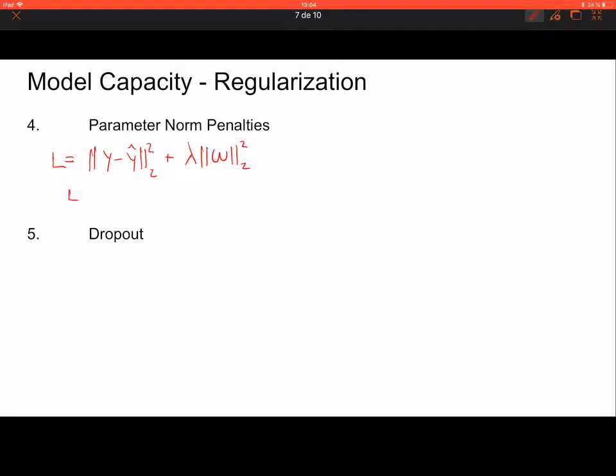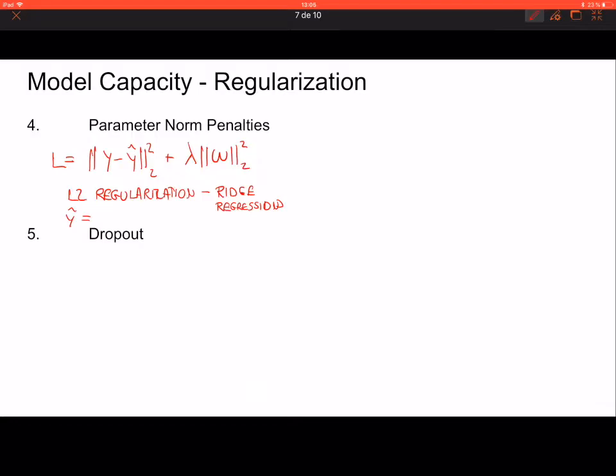And this is called L2 normalization, regularization, or also ridge regression. So essentially what we see is that these are two competing losses, and if we have say a linear regression model like this, this is just to simplify.